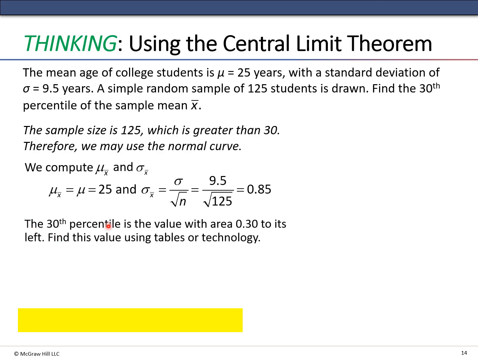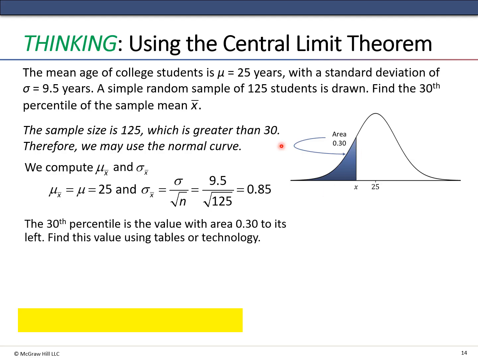Remember that the proportion or percentile or probability is the area to the left, okay, in the table A2. So what we're looking for is the area 0.30 in the table, okay? And then we're trying to find that x value that correlates to it. So the first thing we have to do is find the z-score.